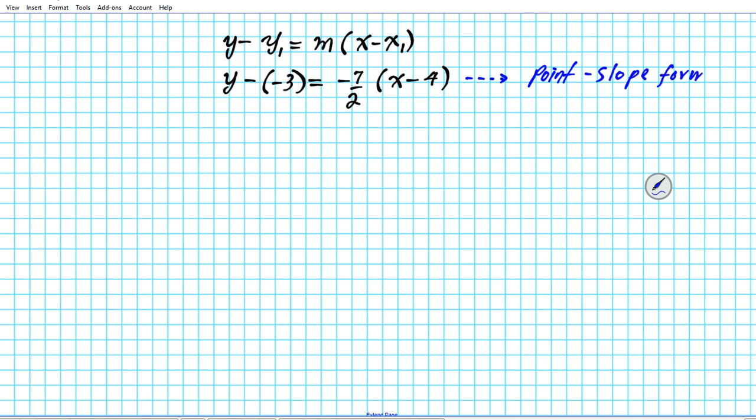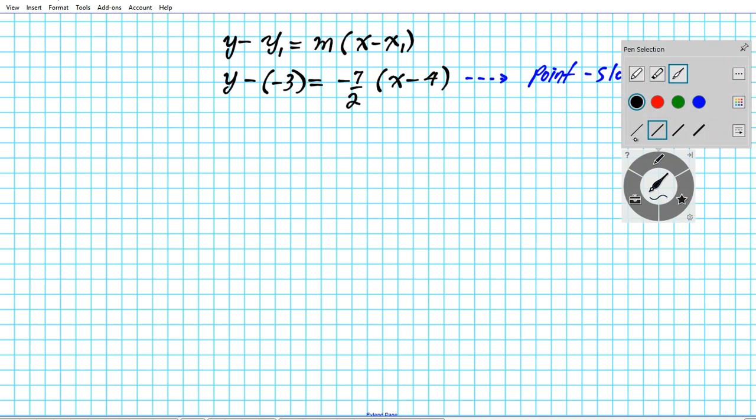We were asked to find the slope-intercept form. The slope-intercept form is y equals mx plus b. So what we have to do is simply get y isolated, and that will be the slope-intercept form. Okay, let's do it.